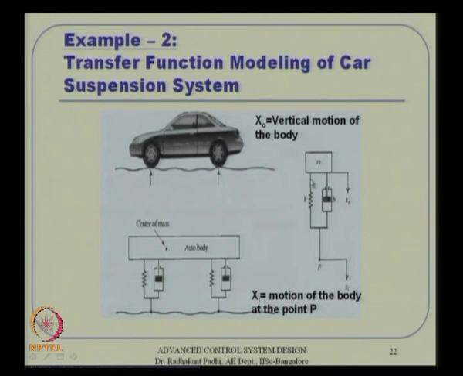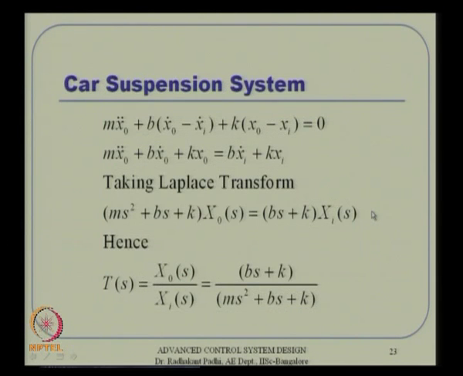Essentially, it is a spring mass damper system, and we are interested in the vertical motion of the body as x0, the output of the system, and the input to the system is xi. The entire thing that you see here in reality, we can represent based on this lumped behavior, provided we know these values accurately, k, b and m. But here we assume that these values are known to us, because somebody has already done this parameter identification.